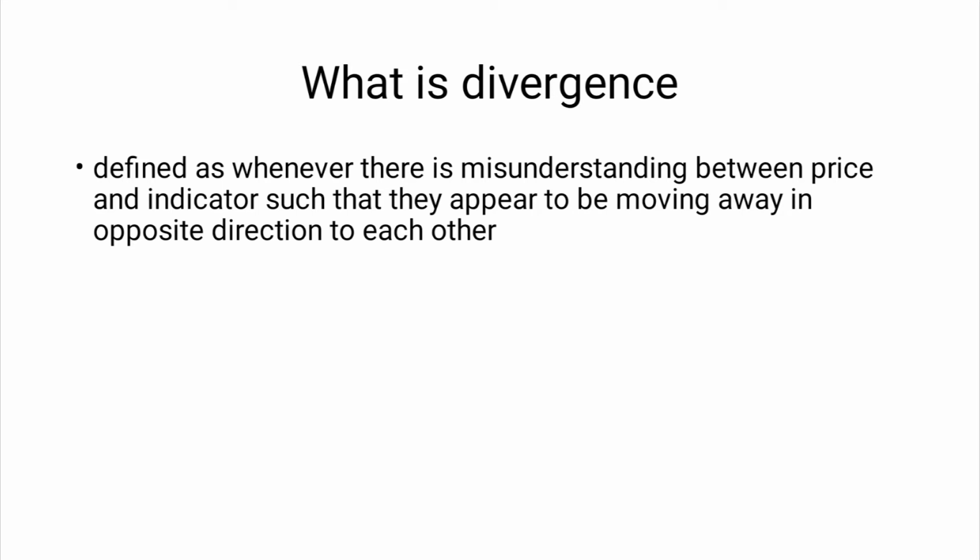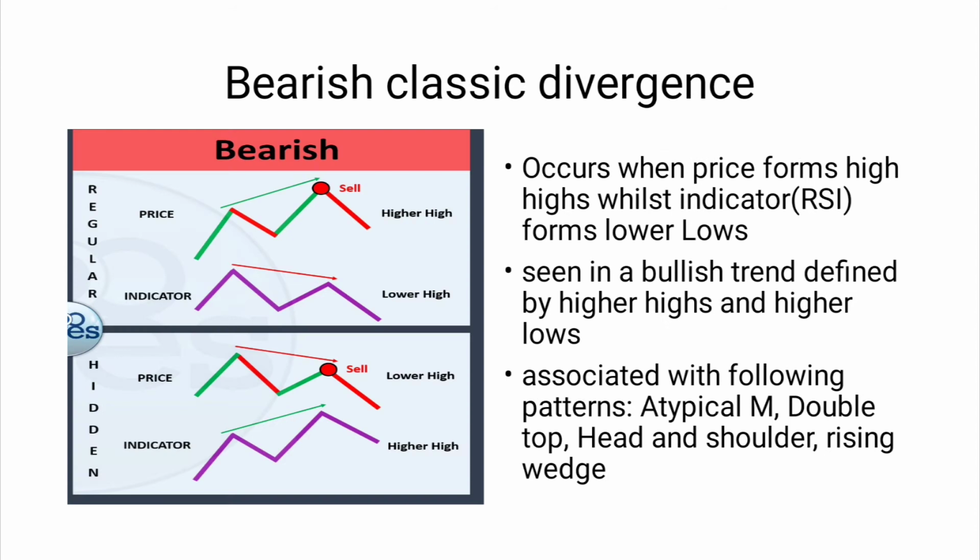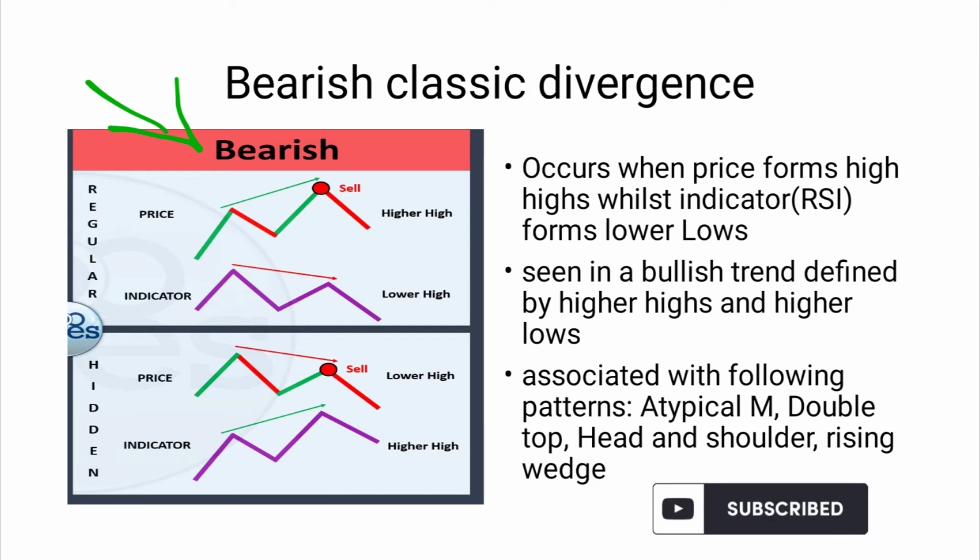It is defined as whenever there is disagreement between price and indicator such that they appear to be moving away in opposite directions to each other. So you can look at this picture here. This is a bearish classic divergence.